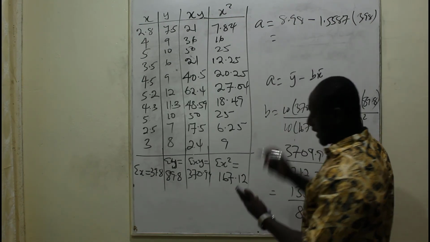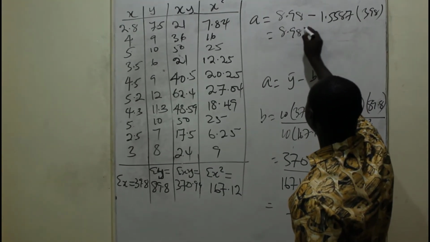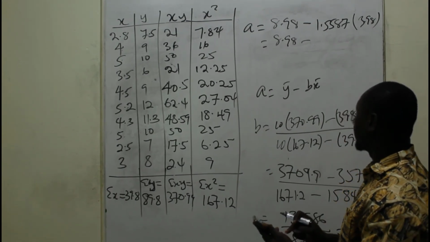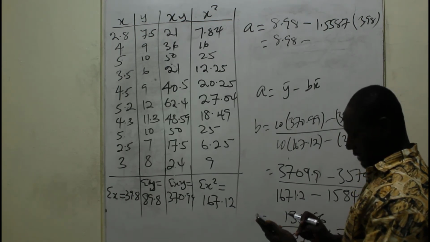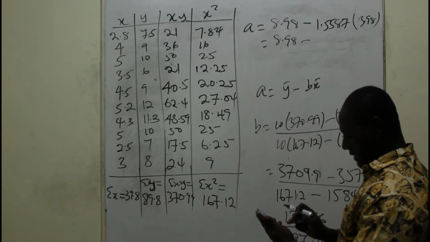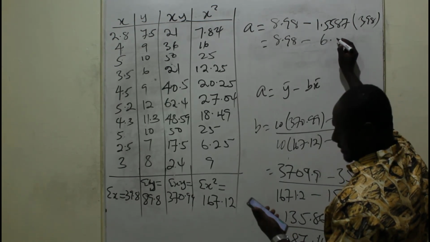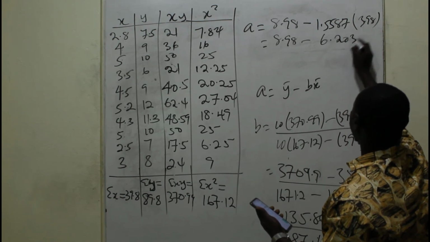So if I simplify this one, I'll have 8.98 minus 1.5587 times 3.98, and that gives us 6.2036.